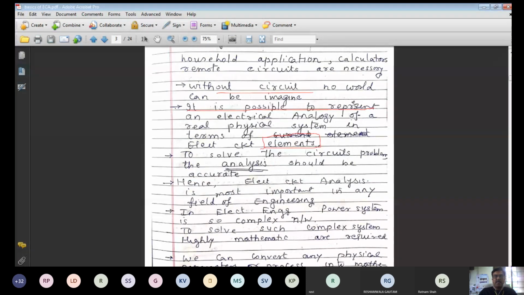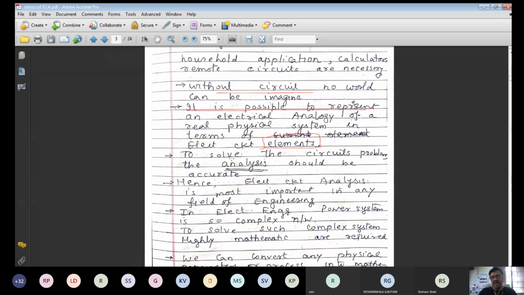Now to solve electrical problems, the analysis should be accurate. Suppose you want to find the current in any circuit, you should analyze in such a way that you find the proper value of current or voltage. If you want to install electrical appliances in your home, you should know what current passes through the circuit wires.